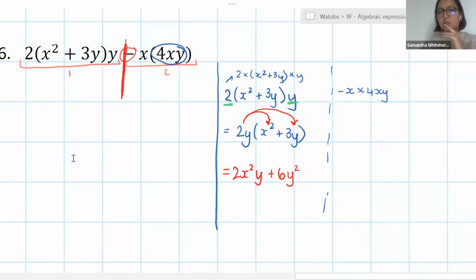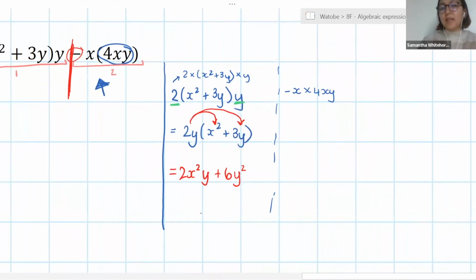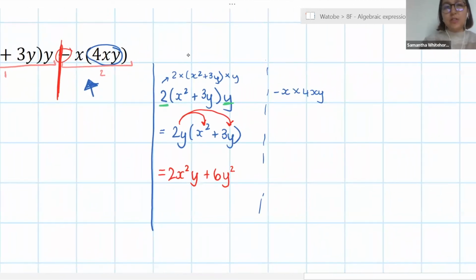All right, guys. So for that second multiplication, it's exactly as Ayanda's just said. We now have in our second term negative x times 4xy. So that's what I've written down here. This was the multiplication for term 1, and this was the multiplication for term 2. Now we have to multiply the negative x and the 4xy.